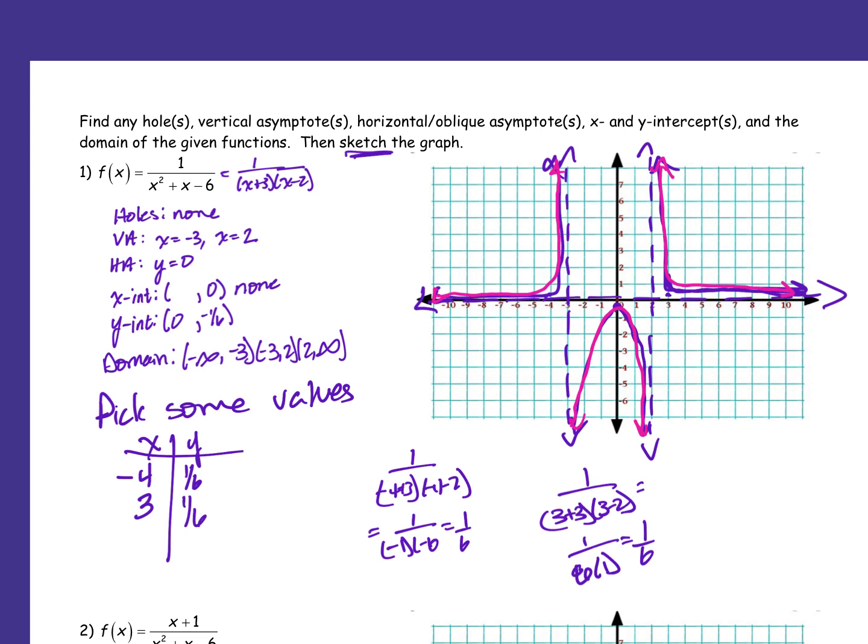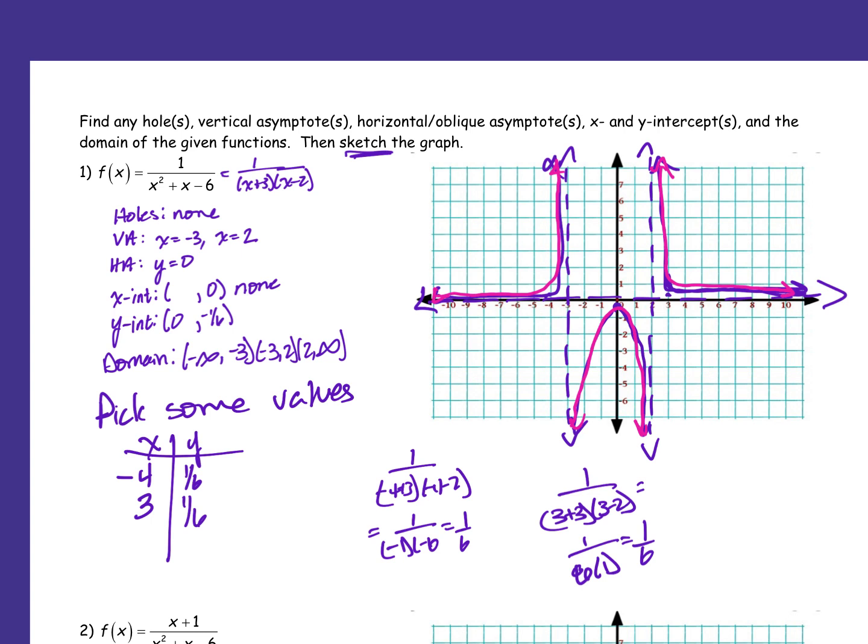And if I just put in the equation here, 1 divided by, in parentheses, x squared plus x minus 6. It should look like what we graphed.